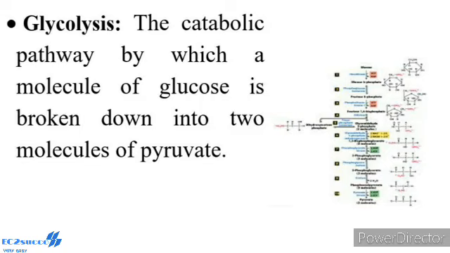Sucrose is converted into glucose and fructose by the enzyme invertase, and these two monosaccharides readily enter the glycolytic pathway. The steps of glycolysis: phosphorylation, isomerization, phosphorylation, splitting, dehydrogenation and phosphorylation, dephosphorylation, that is ATP formation, isomerization, dehydration, dephosphorylation, that is ATP formation.